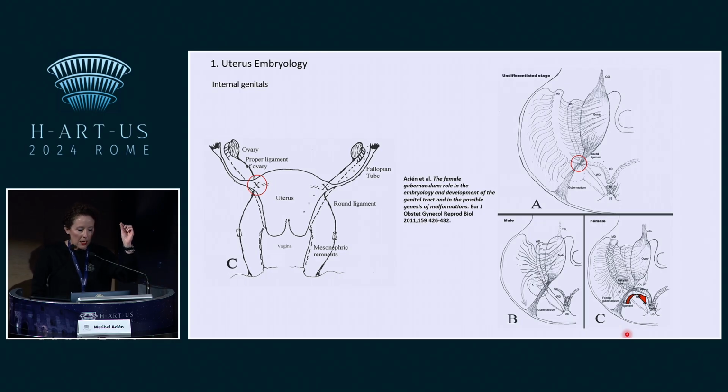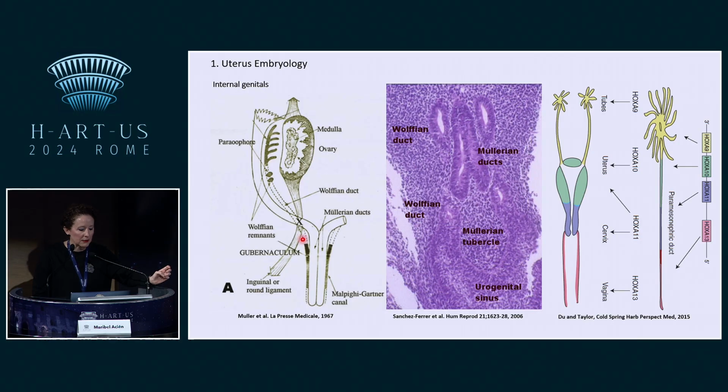But this crossing point is important, as you see in here, because from the crossing point upwards, this section of the Müller duct will remain separated and will eventually form the fallopian tubes, whereas the segment located downwards is the one that moves into the caudomedial direction and, lying side by side, will fuse to form the uterine primordium till the external cervical os.